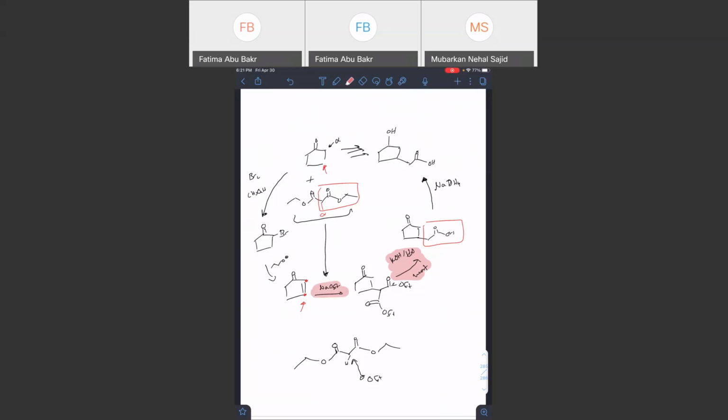Usually we think of it as attacking a leaving group, but we didn't really have one. I guess we could have tried to make it into a leaving group, but that would have been a lot of extra steps. And then finally, the other important thing to recognize is what I already circled in red, which is to look at that and see that that is actually half of the original start. We ended up with half of it, and that's a really important step in figuring out this problem.